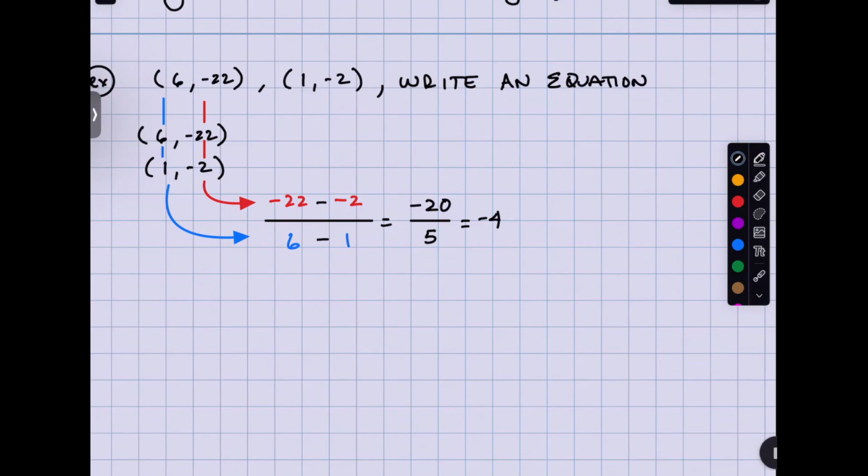So what were the 2 things we need to know to write an equation of a line again? A slope and a point, right? So we go, oh, it needs a slope and a point. Great. Let's find slope. 2 points, we can find slope. Yes? True? Awesome. So we just need a point.